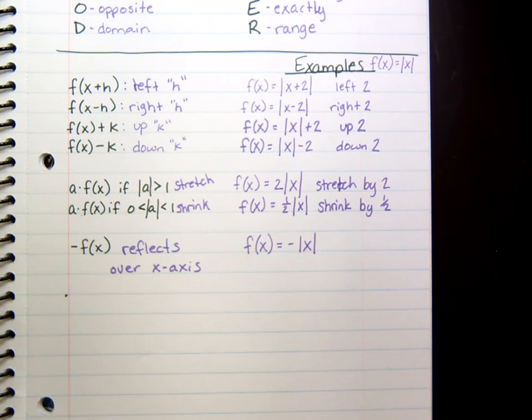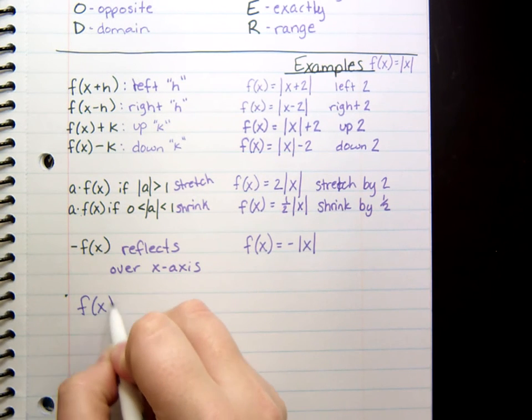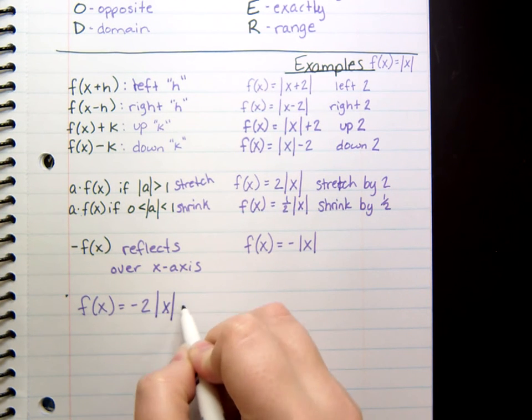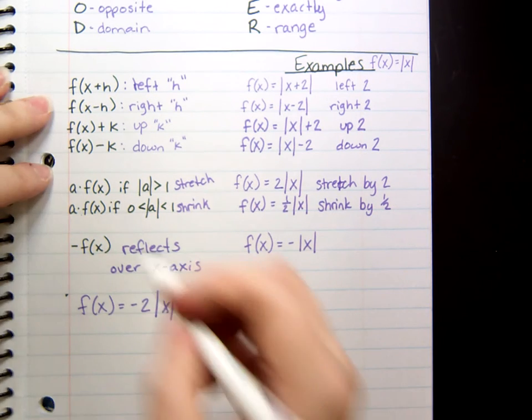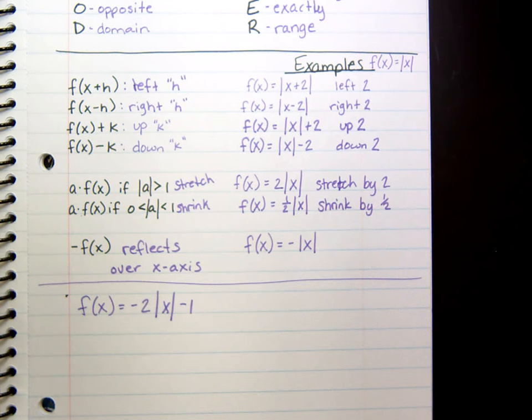Okay. So let's just look at a couple of other examples and see what kind of transformations are occurring. So I guess I can just make some stuff up. Let's take f of x equals -2 absolute value of x minus 1. There's 3 transformations that have occurred from the parent function.